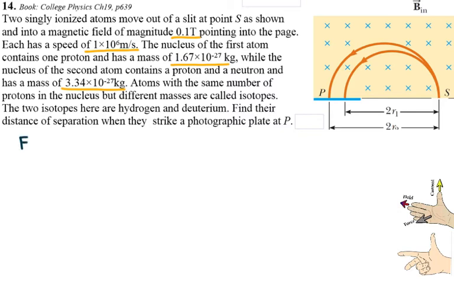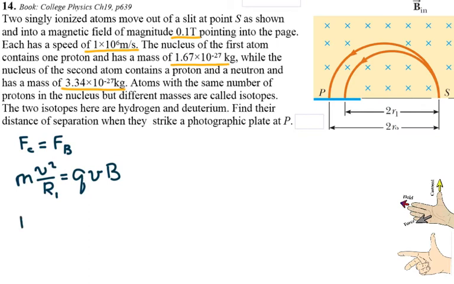So in both of these cases, I have the centripetal force. The centripetal force is equal to the magnetic field force. So I have mv squared over r1 is equal to qvB, and sine theta, sine is going to be 90 degrees, so I'm just going to take away sine for now.